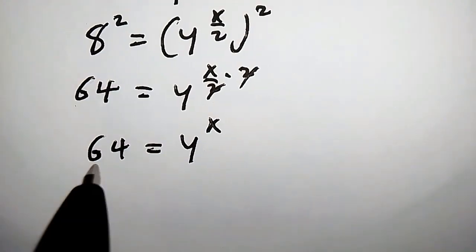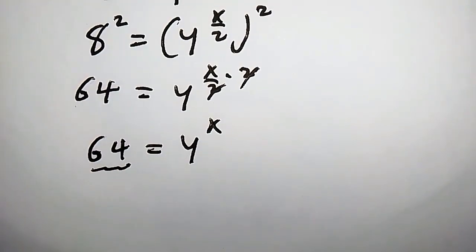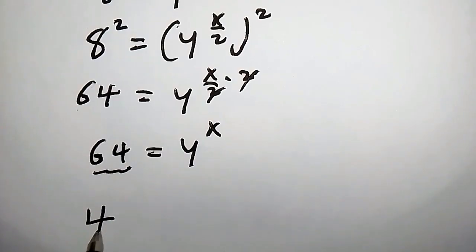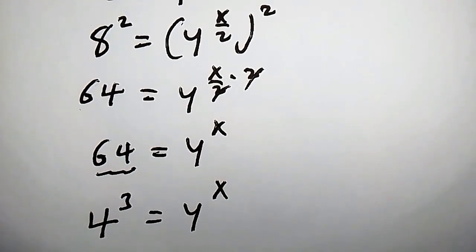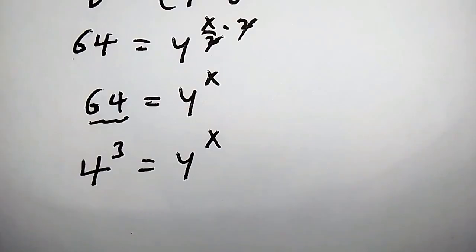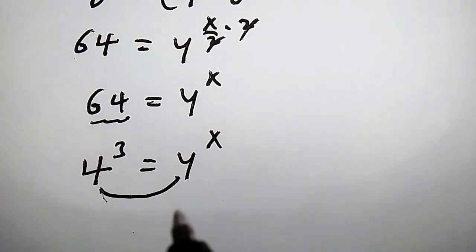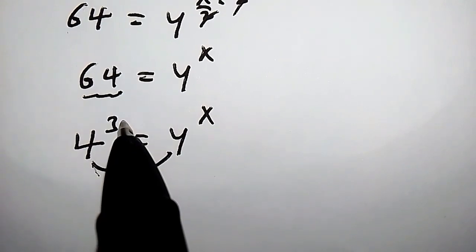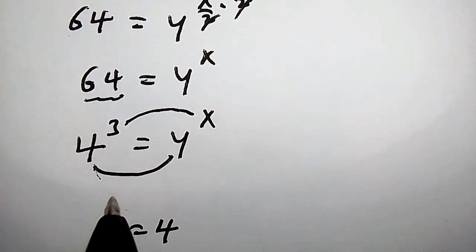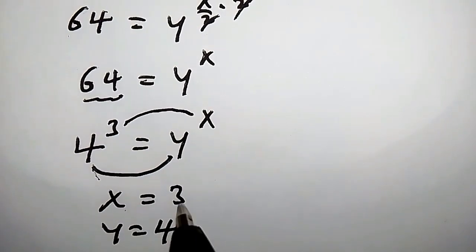You will see that this 64 could be written as 4 to the power of 3 equal to y raised to x. Similarly, if we compare the base, y is equal to 4, and if we compare the power, our value of x is equal to 3.